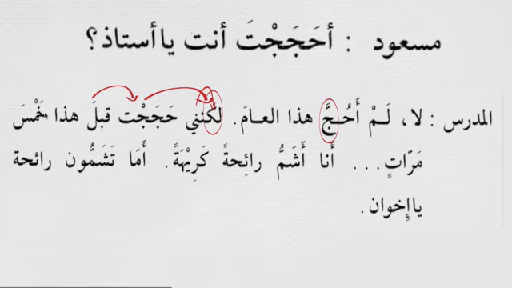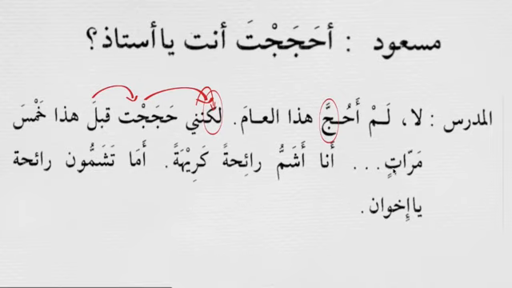Khamsa marrat, 5 times. So if we refresh our memory for numbers, we know 3 to 10 is a combination of mudaf, mudaf ilayhi, and the ma'dud is in plural. So marratun, khamsa marratin. So: la lam ahujja hadha al-'am, lakinnani hajajtu qabla hadha khamsa marrat.